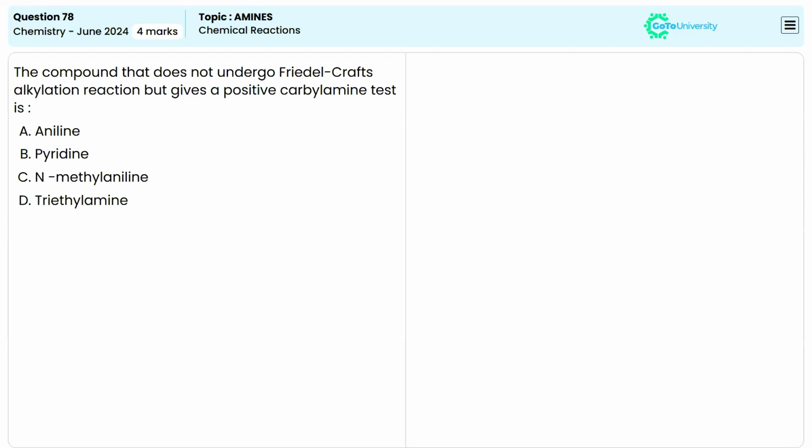C, aniline. They cannot undergo the Friedel-Crafts reaction, right? Yes. But it gives a positive carbylamine test. That is possible, right? So aniline is the correct answer.